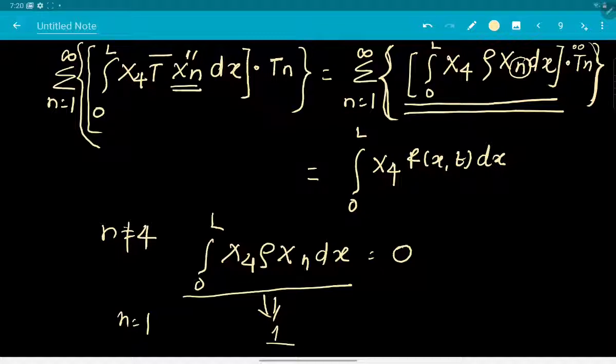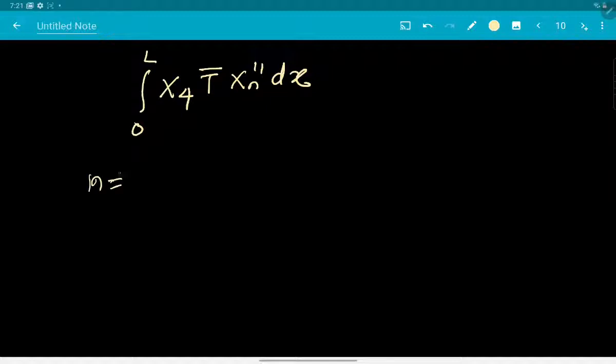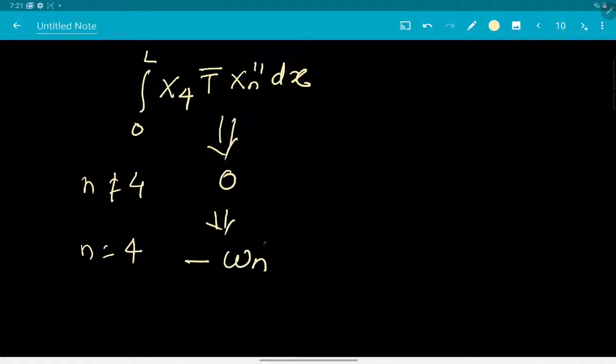Similarly, it can also be proven that this integration, 0 to L, where we have X4 here, then T bar, and Xn's second derivative dx, when n is not equal to 4, this term comes out to be equal to 0, and when n is equal to 4, this term comes out to be equal to minus omega n square.